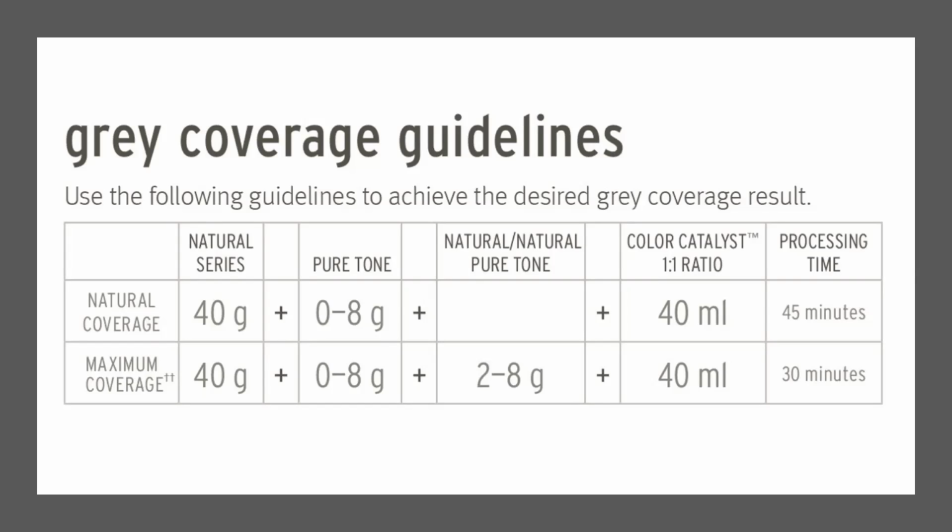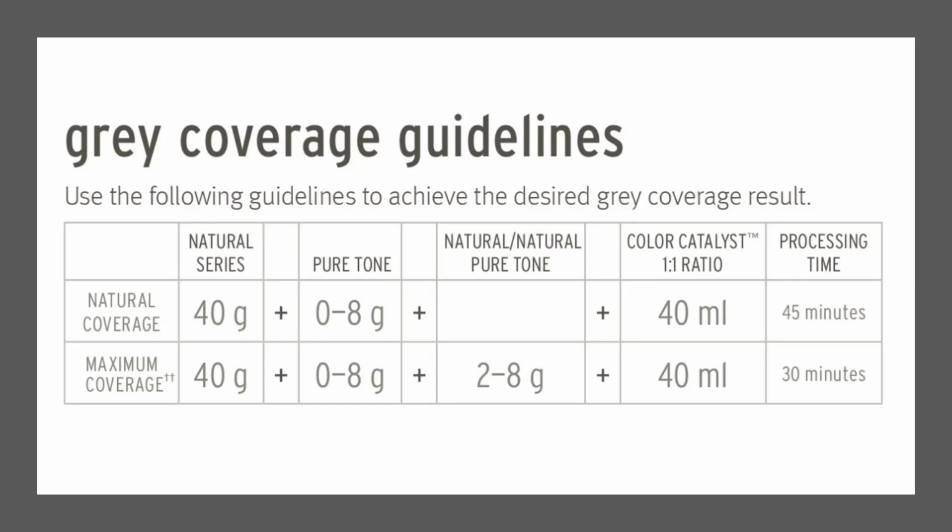The only difference is you're going to process this for 45 minutes. An important note here, if you want to ensure you're getting grey coverage, you will need to ensure you're using 20 volume as your color catalyst or your peroxide. So carry on your formula as normal for a natural coverage, just add on an extra 15 minutes. So that would be 45 minutes development time.